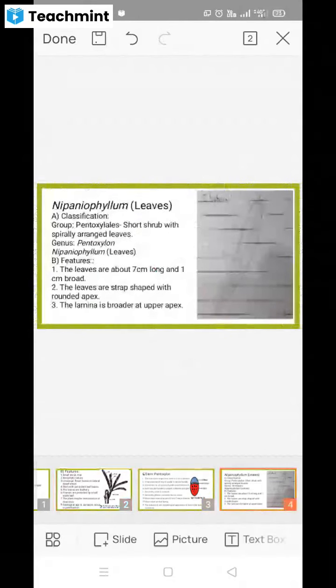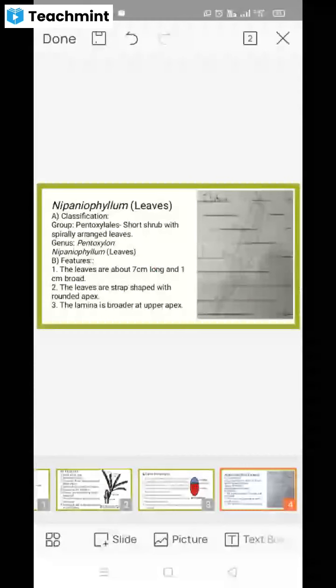These leaves are large in size, up to 7 centimeter long and 1 centimeter broad. The leaves are strap shaped with a rounded apex. At the apex there is a rounded shape.